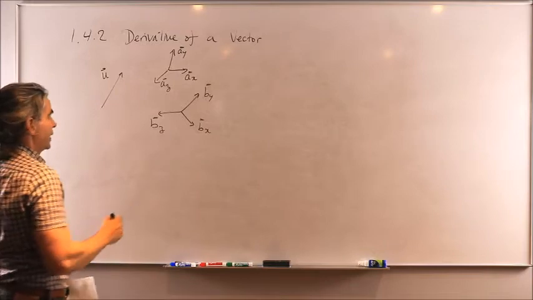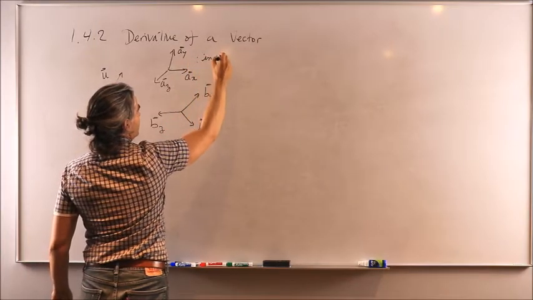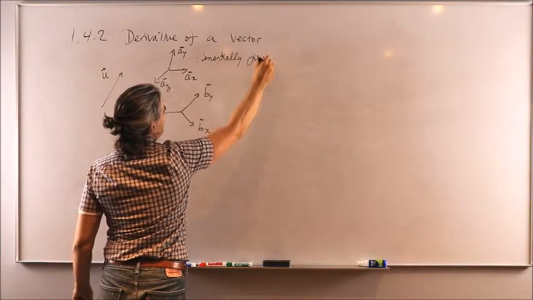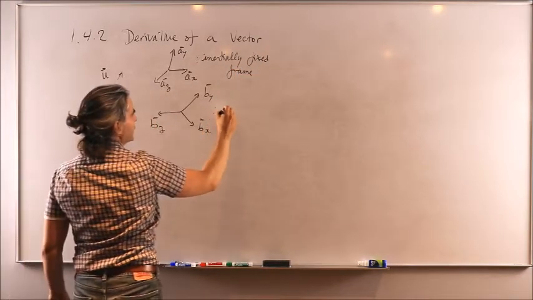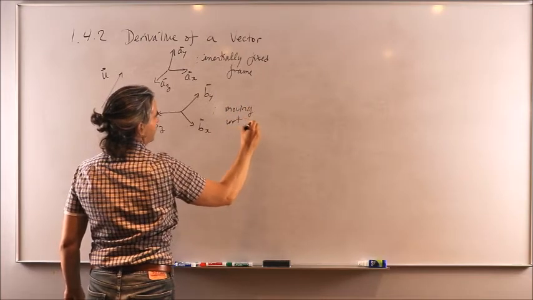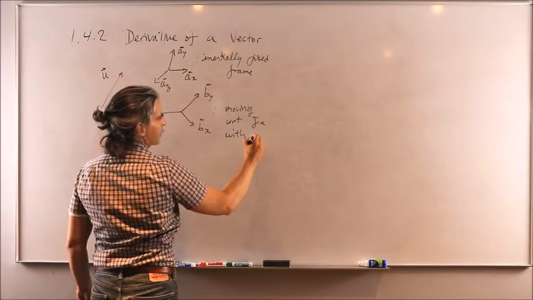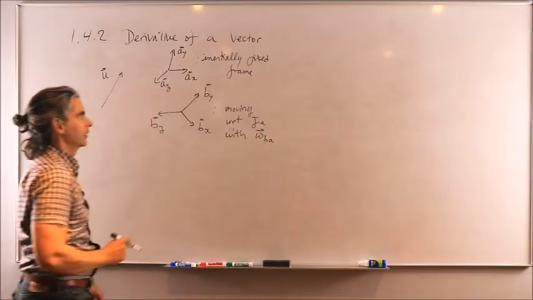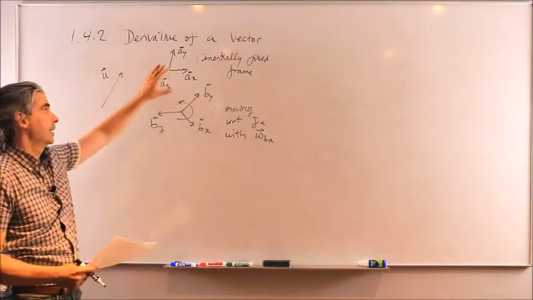Furthermore, we're going to say that reference frame A is our inertially fixed frame, whereas B we're going to say is moving with respect to reference frame A with some angular velocity denoted by omega B with respect to A as per before. So this guy is literally spinning around while this guy is standing still.